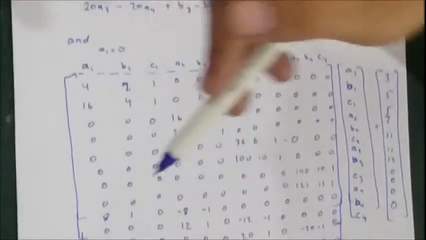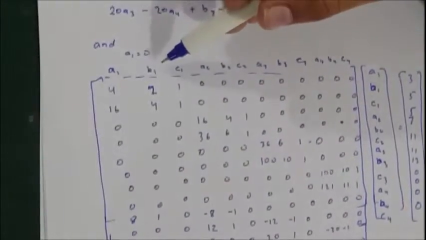Plugging in the values of a1 for equation 1, it was 4 and 16, and then we got values of a1 during the slope continuity equation, and at the last we assumed that a1 is equal to 0. Similarly, we got the values of b1, c1, a2, b2, c2, a3, b3, c3, a4, b4, c4, and we plugged them in the matrix, and now we can solve it for a1, b1, c1, a2, b2.